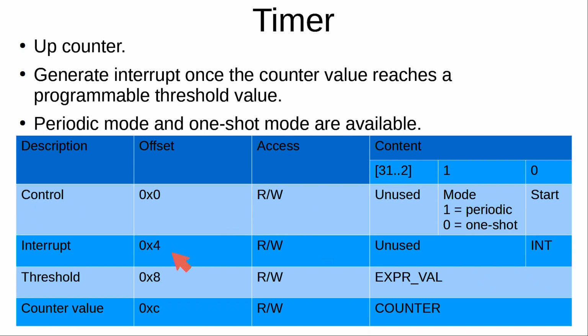And this interrupt register is fed into the CPU so that the CPU controller can check whether an interrupt has occurred, and this is the counter value. And we can write into this counter value to update the next time when the interrupt should occur.